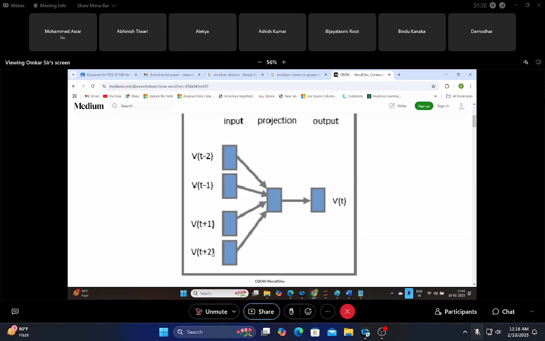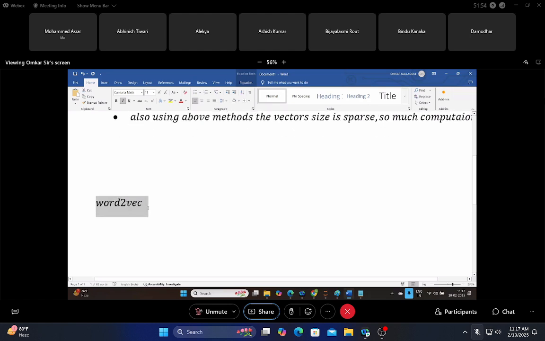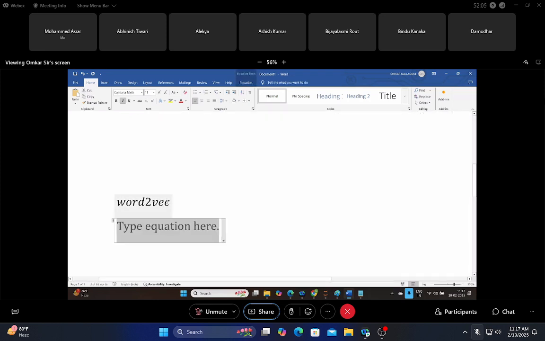Put heading Word2Vec. The name is self-saying, converting words to vectors.